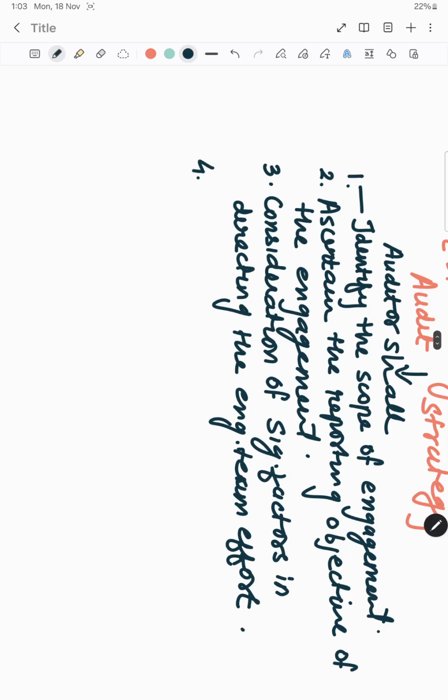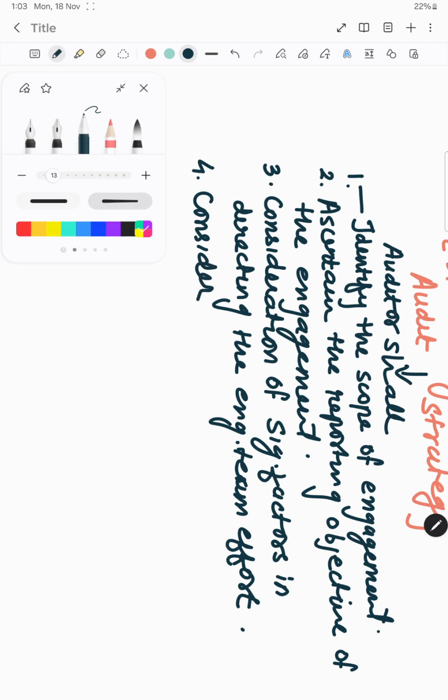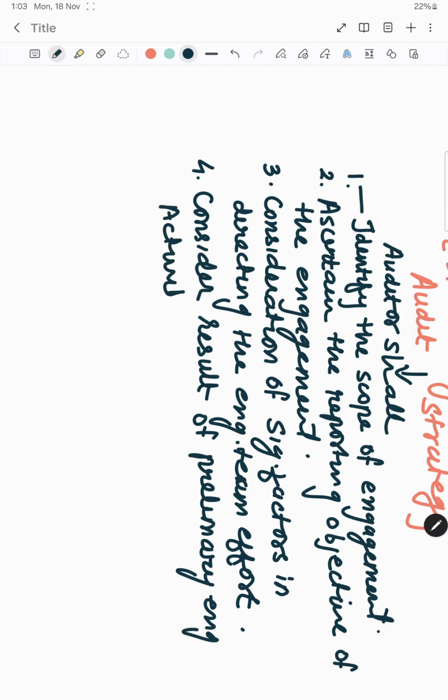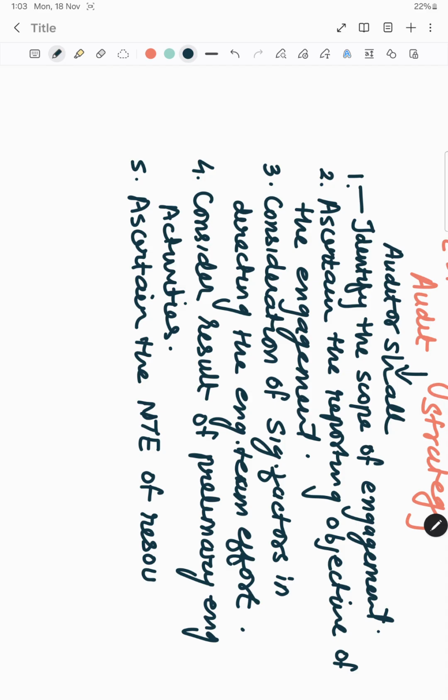Fourth is consider result of preliminary engagement activities, and fifth is ascertain the nature, timing, and extent of resources required for the engagement.